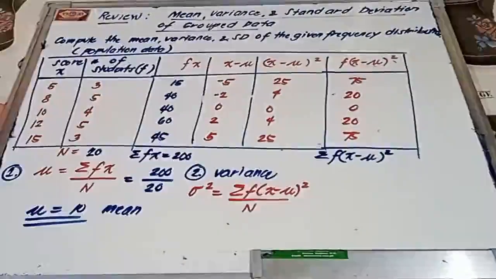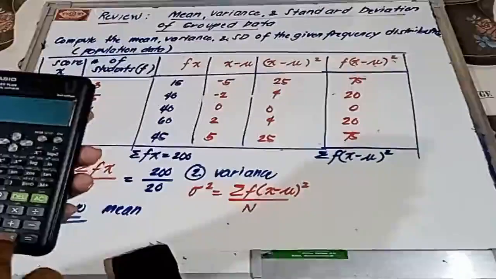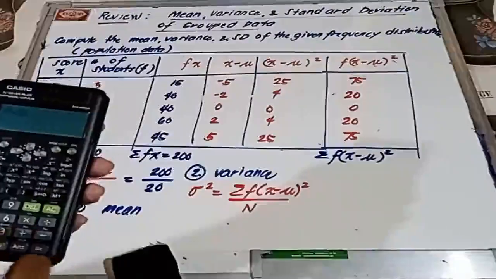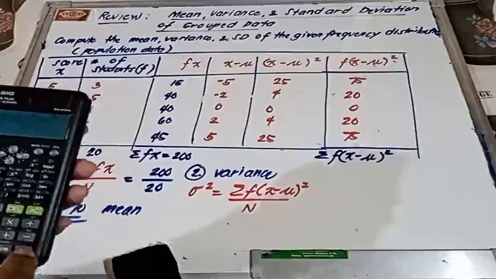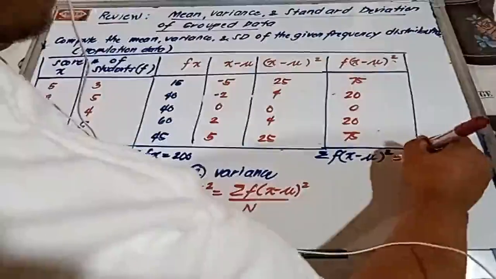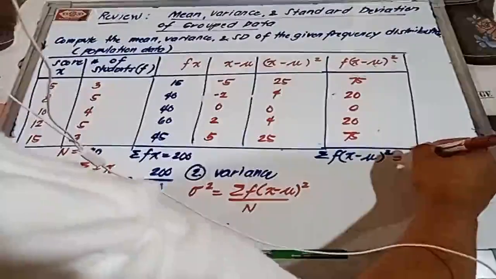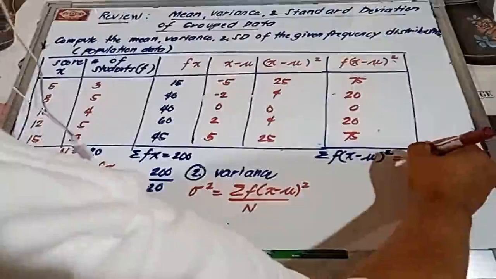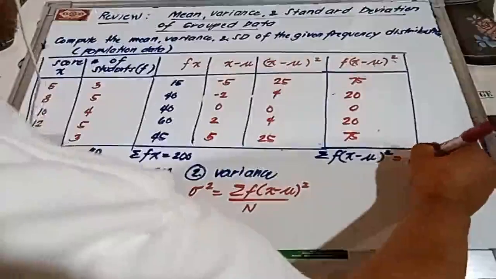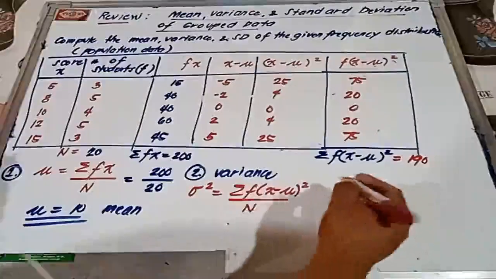Okay. Using our calculator, we have 75 plus 20 plus 20 plus 75 equal to 190. So 190 yung sum nitong product ng frequency at square of the difference ng score and the mean. So to compute for the variance, plug in natin yung values natin nakuha.